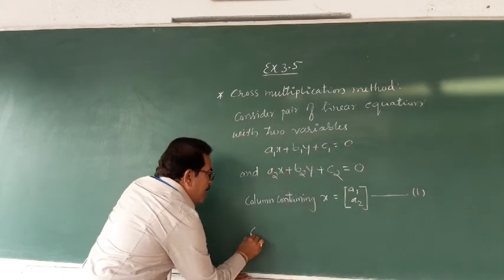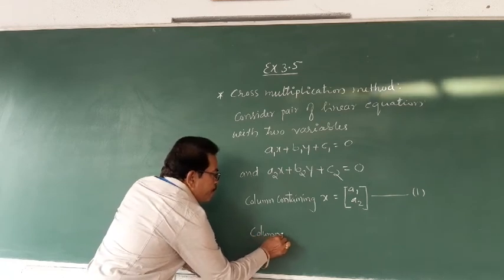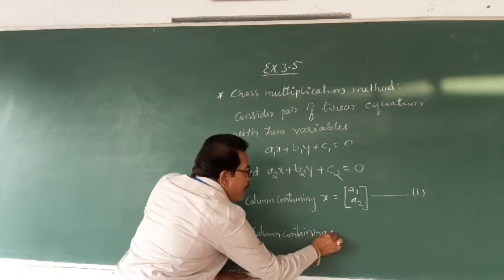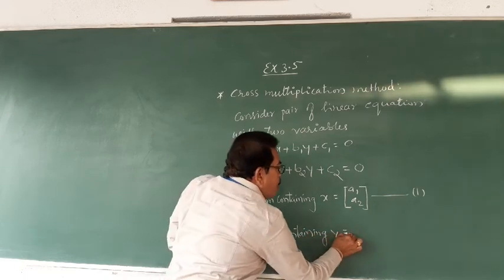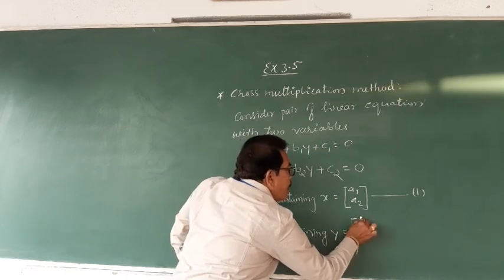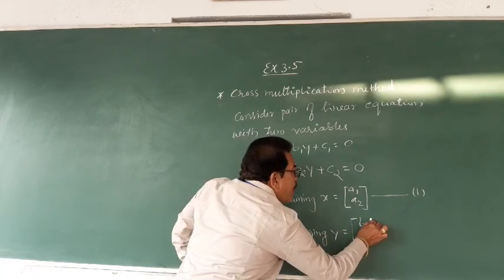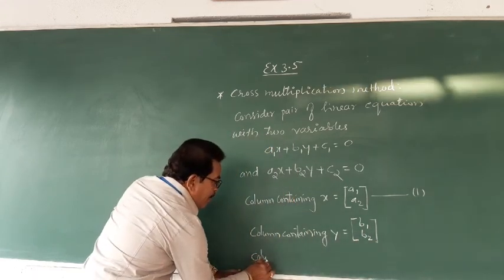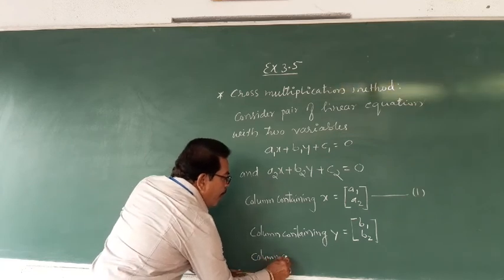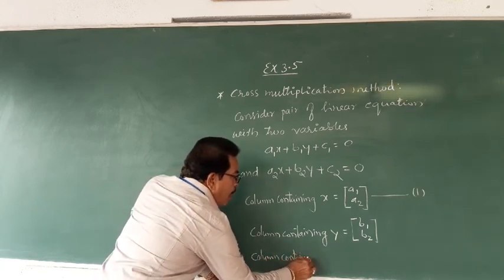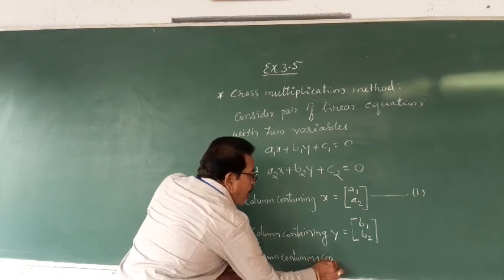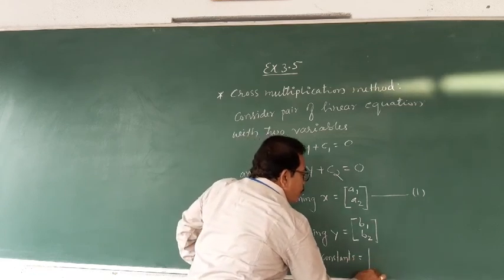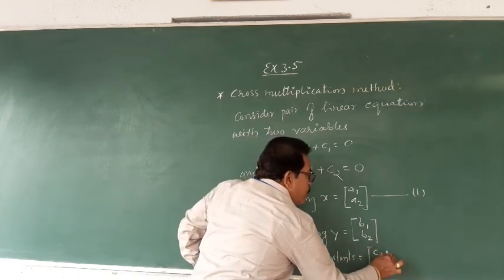Then the column containing y equals b1 b2, and the column containing constants is c1 c2.